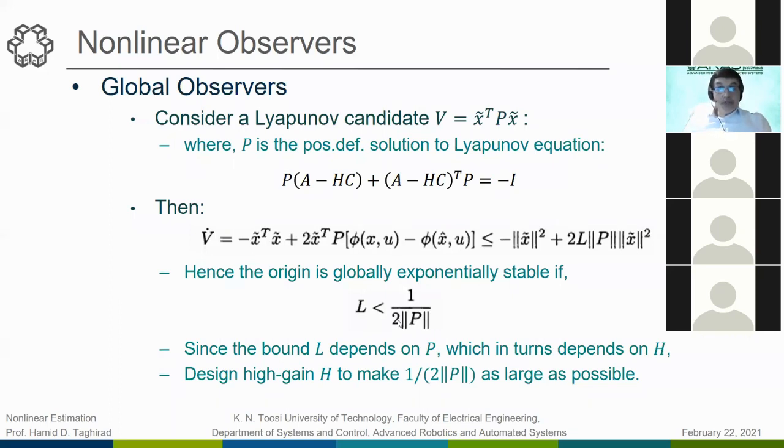So this brought us another horizon, like feedback control, where we wanted to reject the disturbance by increasing the controller gain. We could reject the disturbance of the system. In the observer, in order to stabilize the system or to assure that we have convergence to zero, we need to have high gain H.